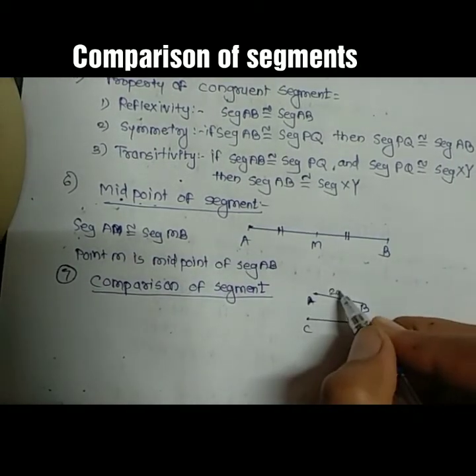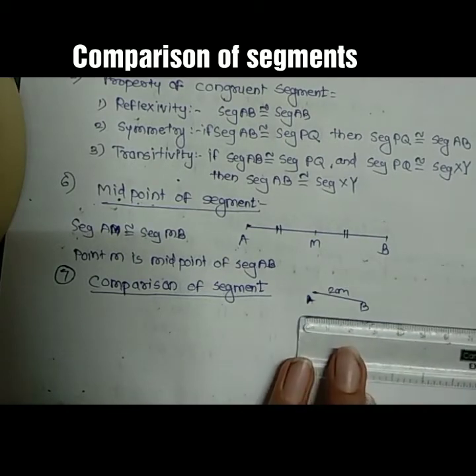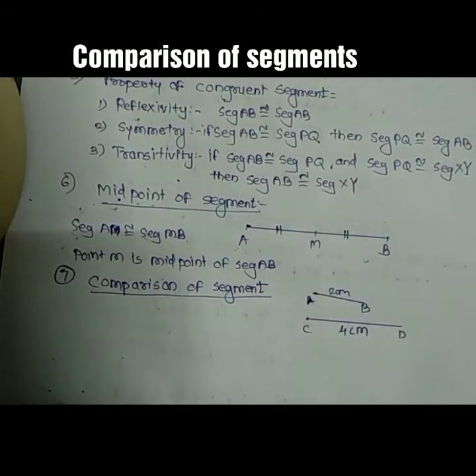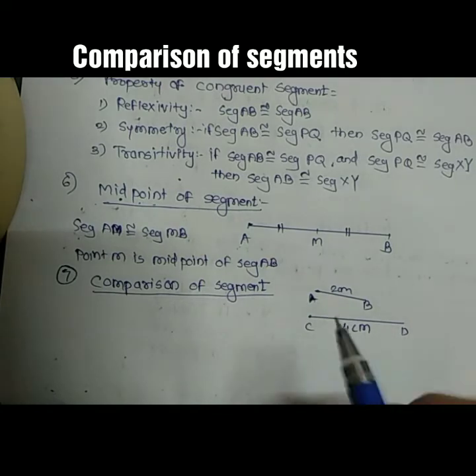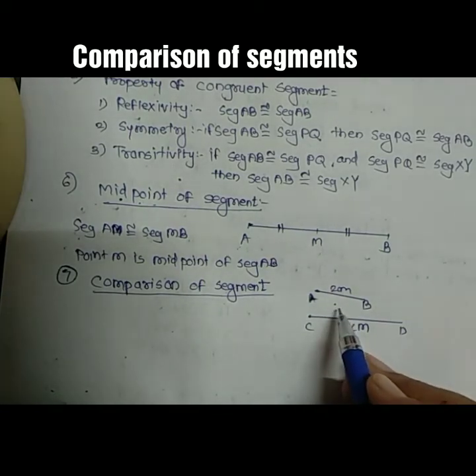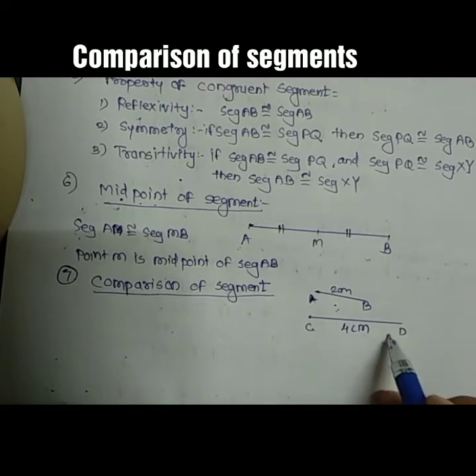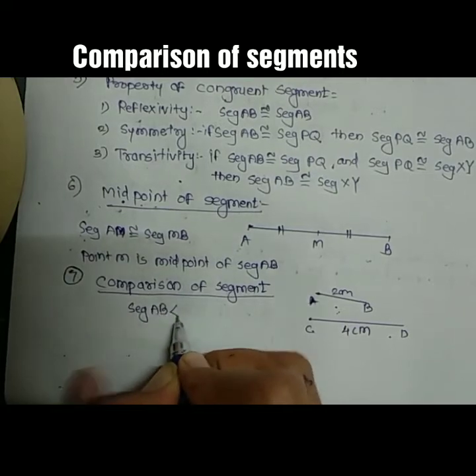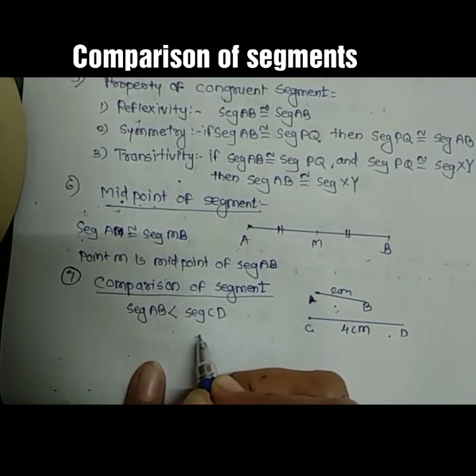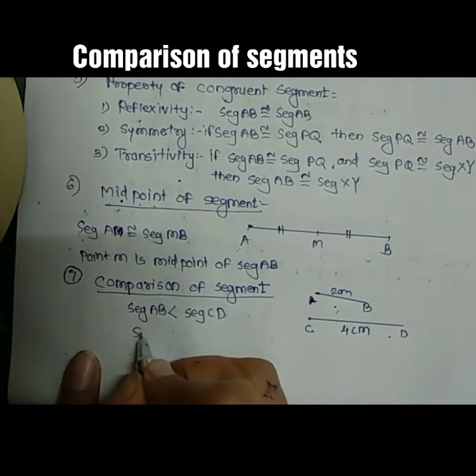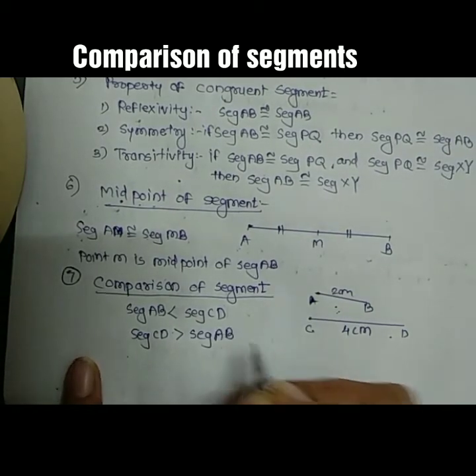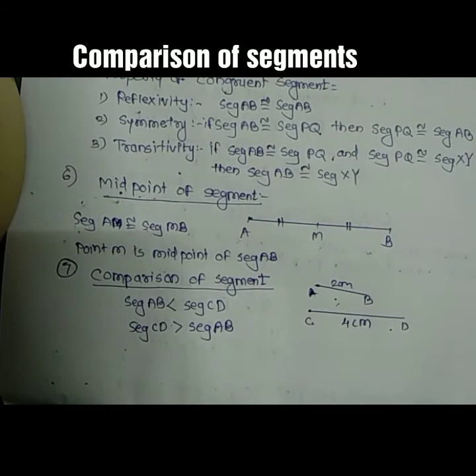Here AB is 2 centimeters and CD is 4 centimeters. So if the length of segment AB is less than the length of segment CD, it is written as segment AB is less than segment CD. Also it means segment CD is greater than segment AB. The comparison of segments depends upon their lengths.